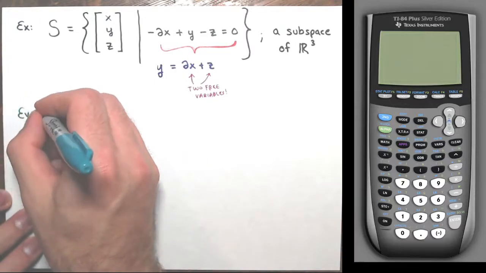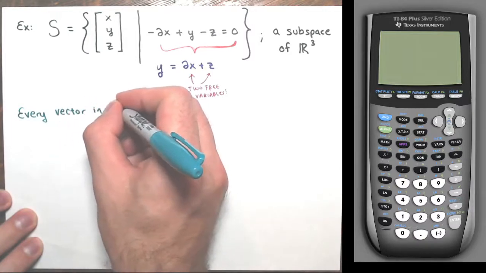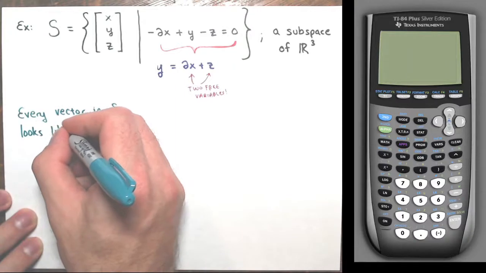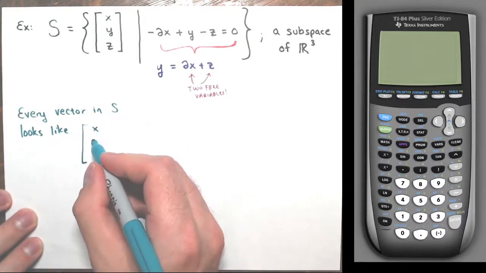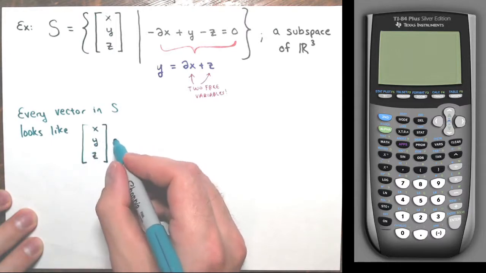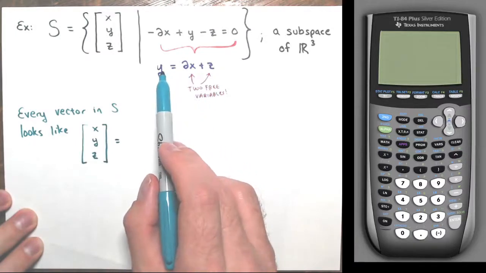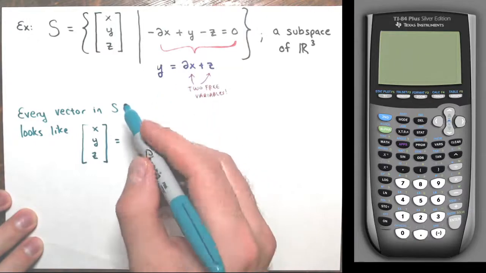Okay, and then as with the others, let's take a look at what every vector in S looks like. Every vector in S looks like the following. You have a first component x, second component y, third component z, but we said that it has to satisfy this. y has to be equal to 2 times the first component plus the third component.